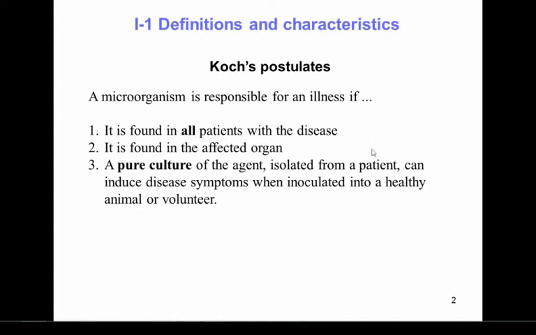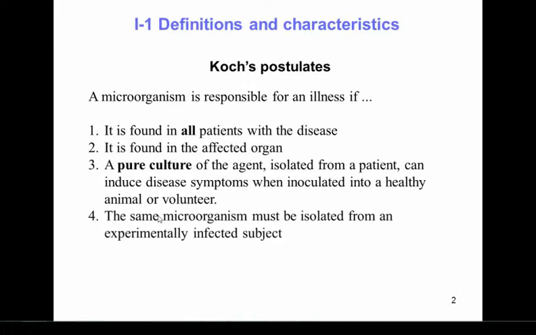And then you re-inoculate it into a healthy animal, or perhaps a volunteer, depends on the severity of the disease. And if it produces the same symptoms, then you can be sure that your bacterium has caused the disease, because you're controlling what has been done. You have a healthy person or a healthy animal initially, you give them the bacteria, and you can show that way that the bacterium is the cause of the disease.